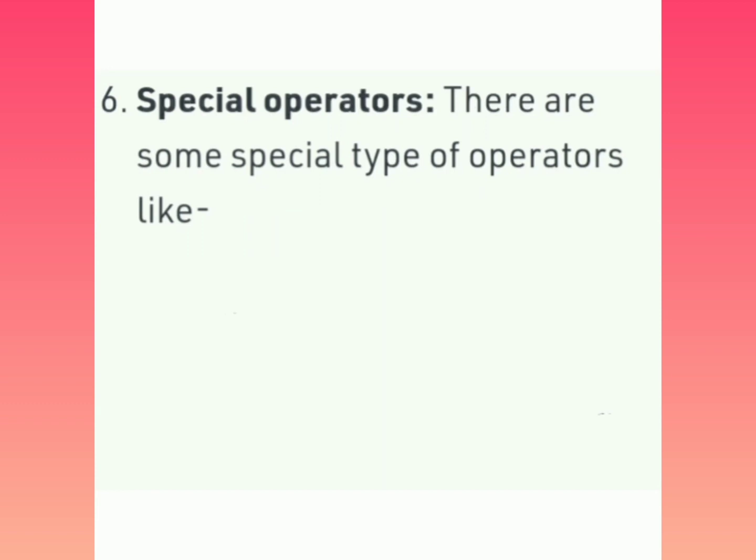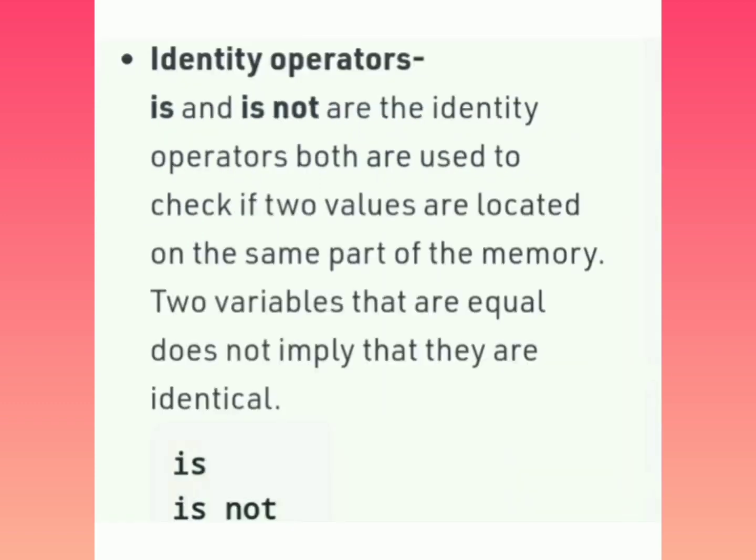Special operators are some special types of operators, like identity operators. Is and is not are the identity operators. Both are used to check if two values are located on the same part of the memory. Two variables that are equal does not imply that they are identical.